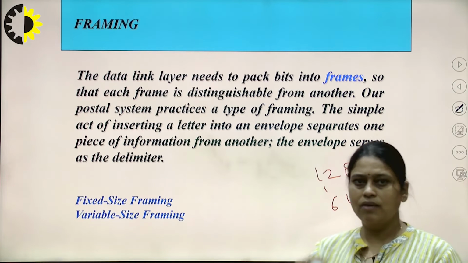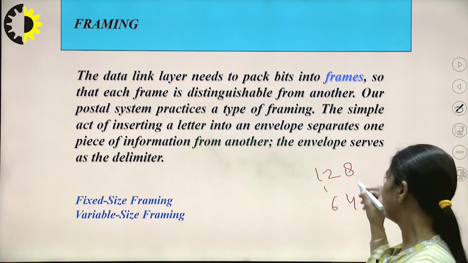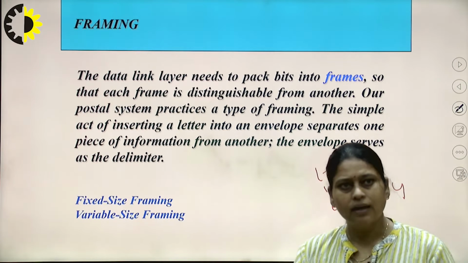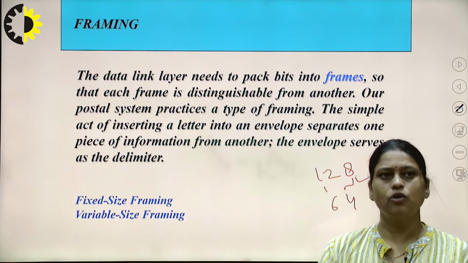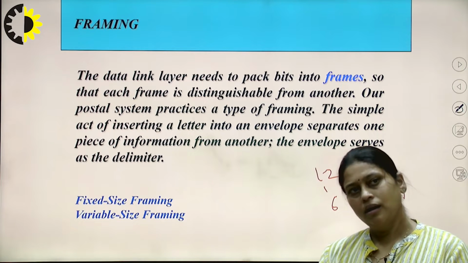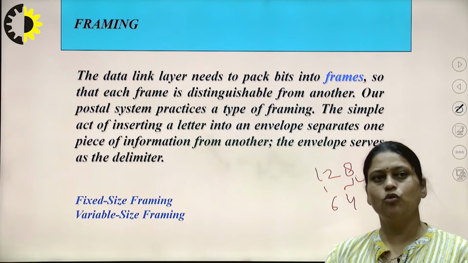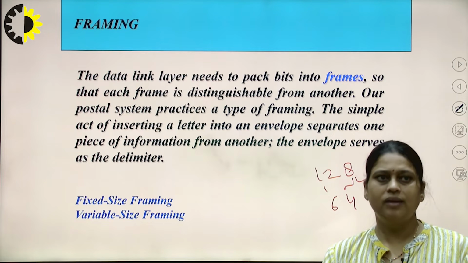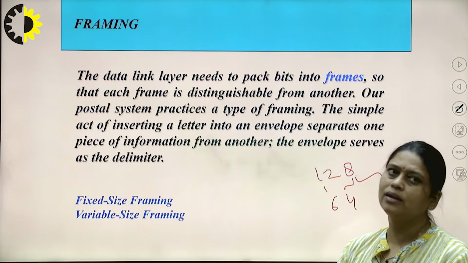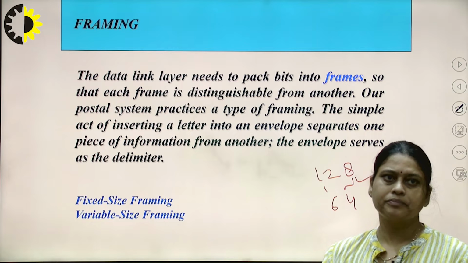It means the 128-bit packet is divided into 2 frames, or we can further divide it into more frames. If we divide into 32-bit frames, then the 128-bit packet will divide into 4 frames, and if we divide into 64-bit frames, then it will divide into 2 frames.